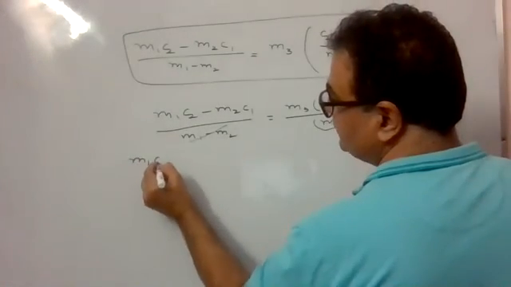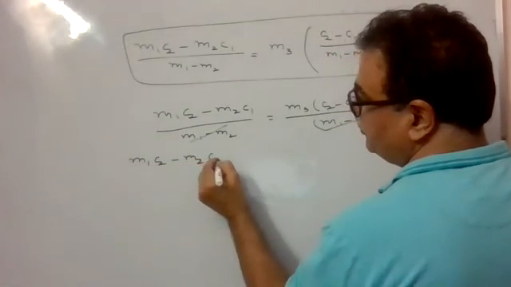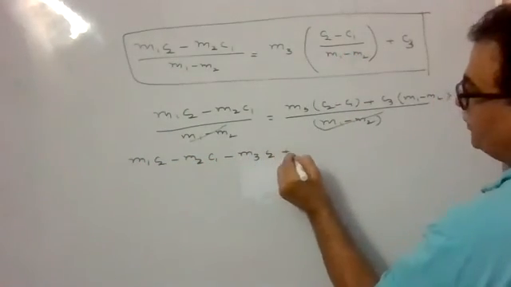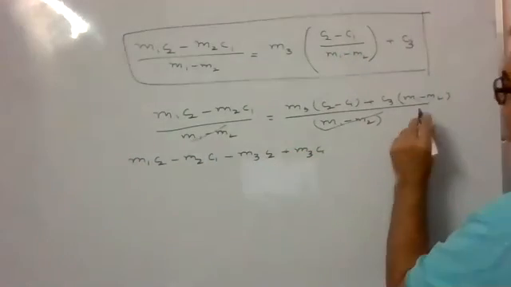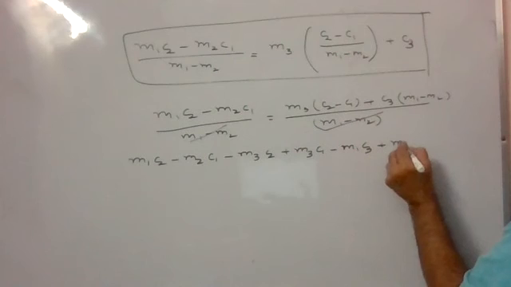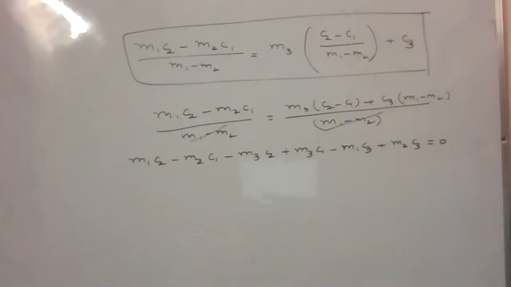I get it m1 c2 minus m2 c1 minus m3 c2 plus m3 c1, then minus of m1 c3 plus of m2 c3, 0.